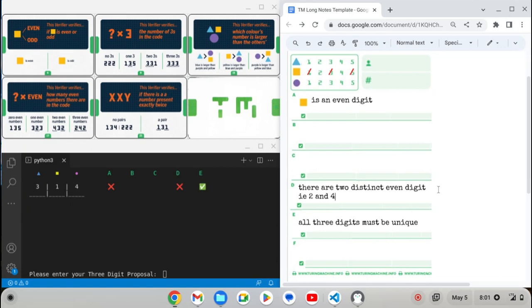So I know there has to be a 2 and a 4. So these 2 criteria lead us to this conclusion. And of course, there must be an odd digit. So we have 2 and 4 for sure. Now the question is, is it going to be a 1, 3, or 5? And where? Well, obviously a 5 would be the largest.